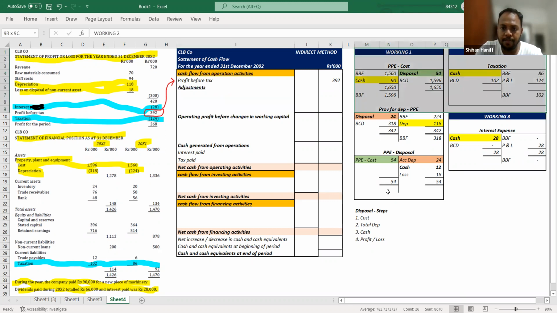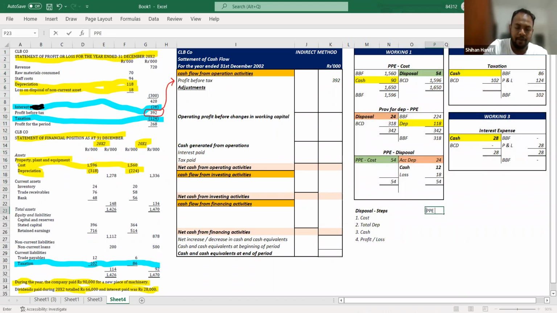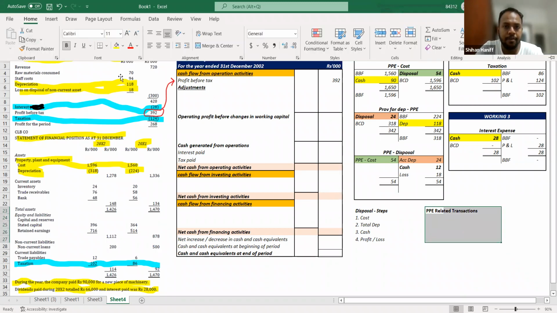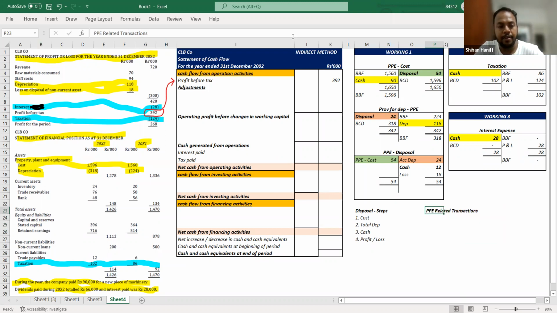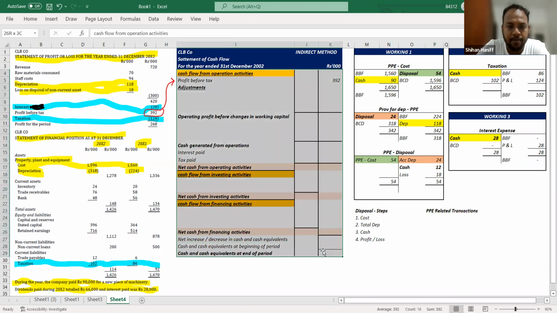Let's do these adjustments, what we have done, the workings. Okay, so PPE related transactions. There are few PPE related transactions in any question. If you take any cash flow statement question, there are 4 adjustments or 4 transactions which will be recorded in this cash flow statement. I will list down the 4.